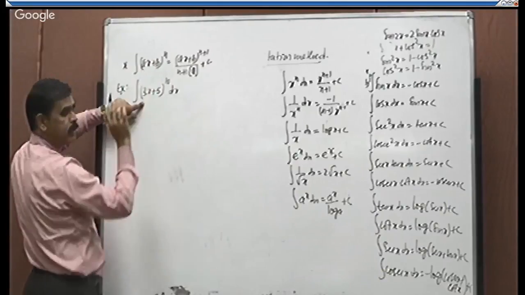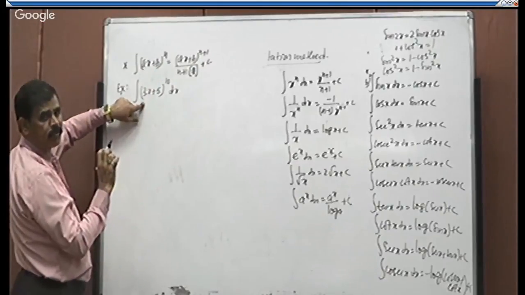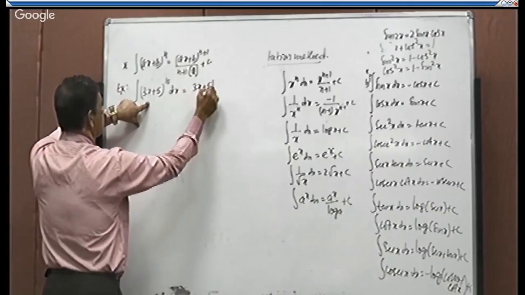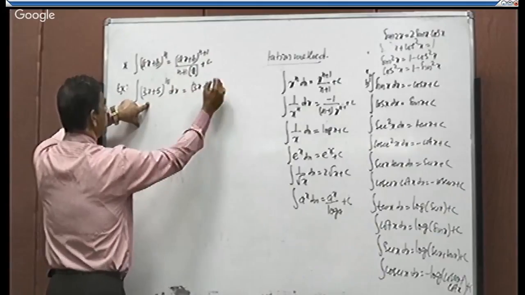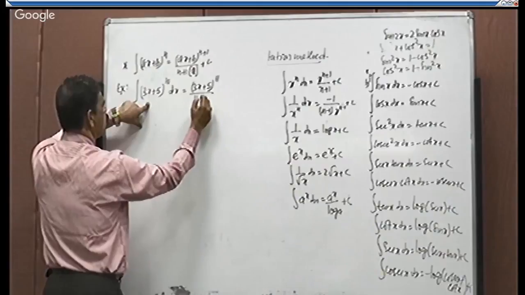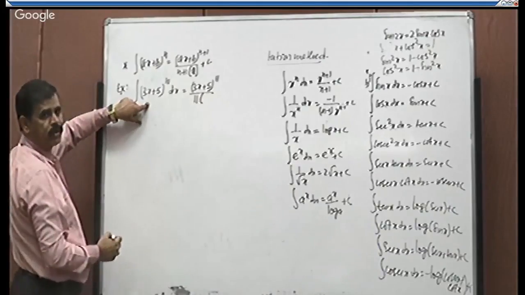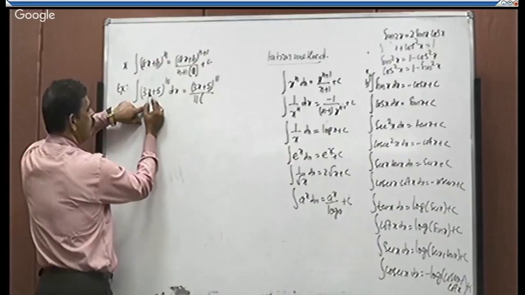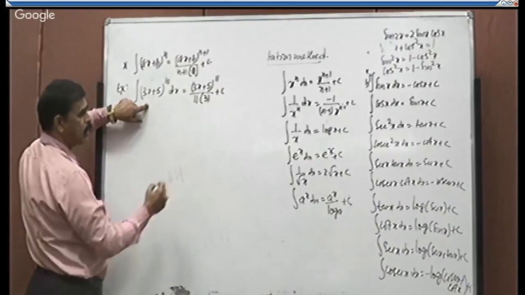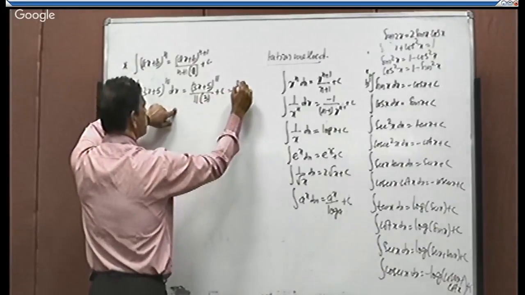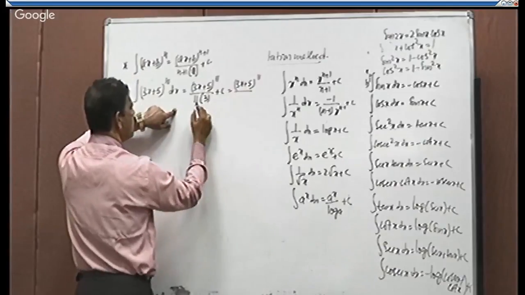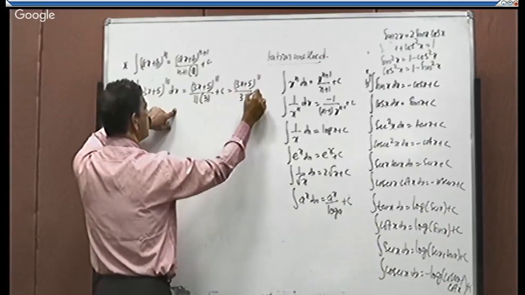It is applicable only for the ax plus b form, a linear expression. The answer is (3x plus 5) to the power of 10 plus 1, that is 11, divided by 10 plus 1, that is 11, into the x coefficient. The x coefficient is 3, plus c. So this is equal to (3x plus 5) to the power of 11 divided by 11 into 3, that is 33, plus c.